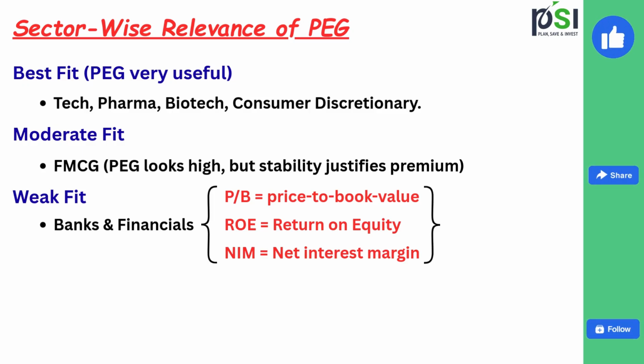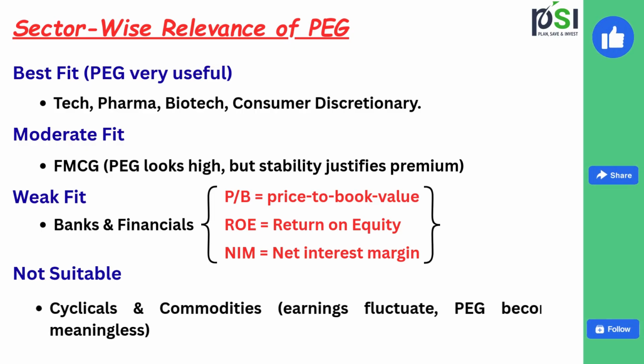These are good for banks and financial sectors. It is not suitable for cyclical and commodity companies where earnings fluctuate; PEG becomes less meaningful. So use PEG where growth is steady and predictable. Avoid it when earnings are volatile or book value matters more.